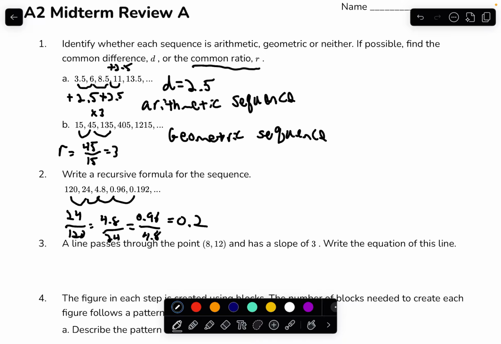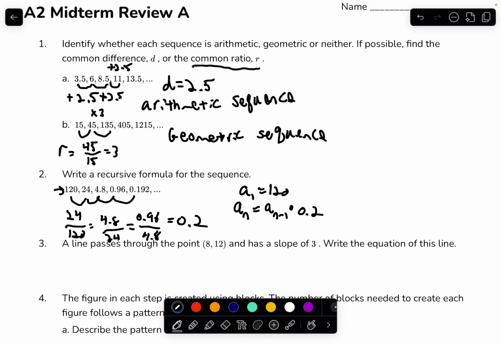All right. So to write the recursive formula, we would say a sub 1, the first term, is just the 120, because that's the first term right there. And then a sub n, the nth term, equals the n minus 1 term times r, which is 0.2. And that would be the recursive formula.